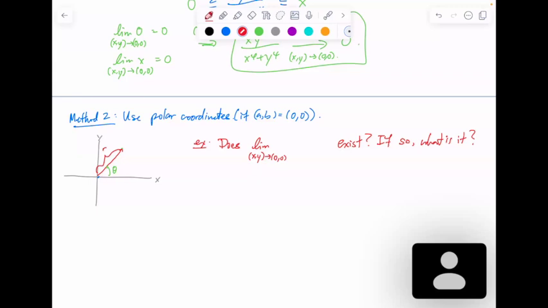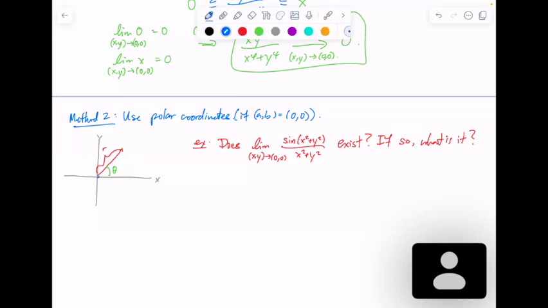And that function was sine of x squared plus y squared over x squared plus y squared. So what is this function if I write it in polar coordinates? What does x squared plus y squared become in polar coordinates? It's just r squared.